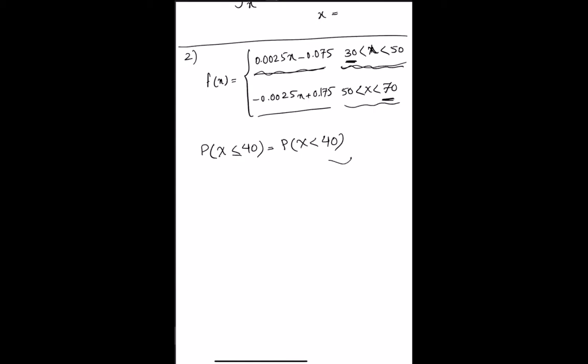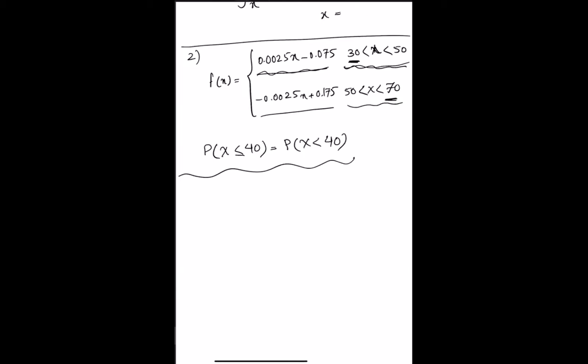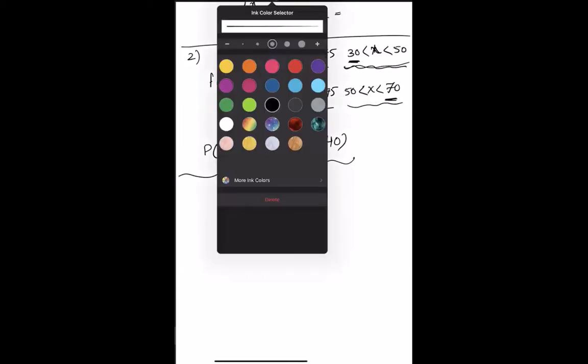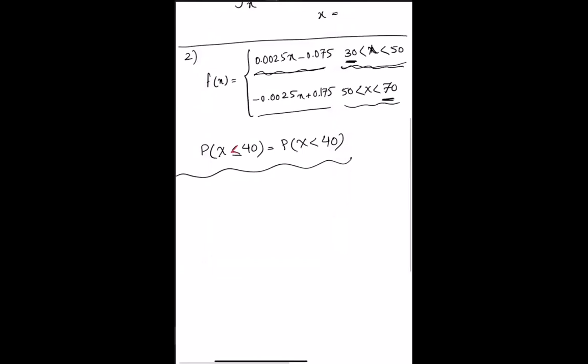We are talking about continuous random variables. Yes, so in continuous random variables, always the probability of x less than or equal to something is the same as the probability of x less than something.